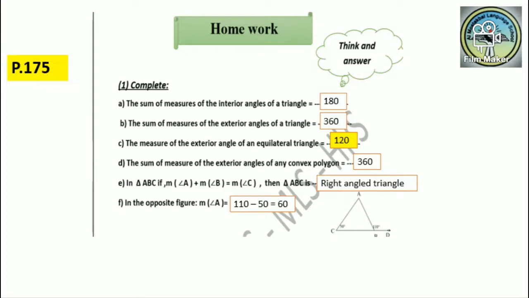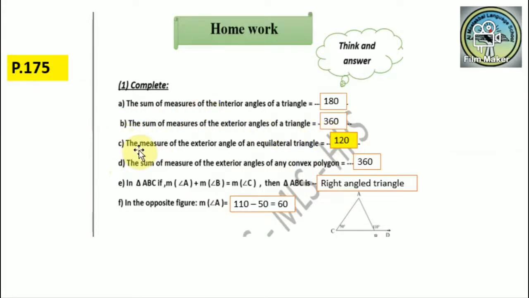Yes, well done, because a triangle is a convex polygon and the sum of measures of the exterior angles of any convex polygon equals 360. This question was repeated in letter D in another way. He said convex polygon. What a tricky question.